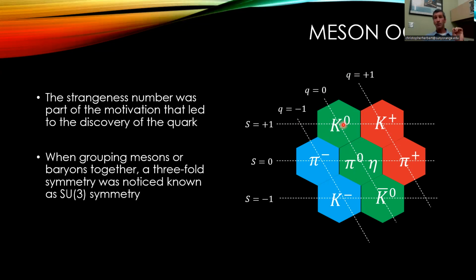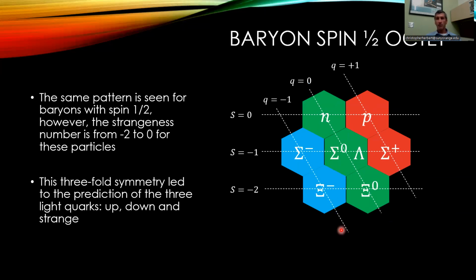In terms of the kaons with a strangeness of 1, they're either 0 or the kaon plus. For strangeness of -1, we can have the 0 or -1 here. Again, I'm doing a terrible job explaining this. But if we arrange them according to charge and strangeness number, they seem to have this symmetry associated with them. We can do the same with the baryons, which are spin 1/2.